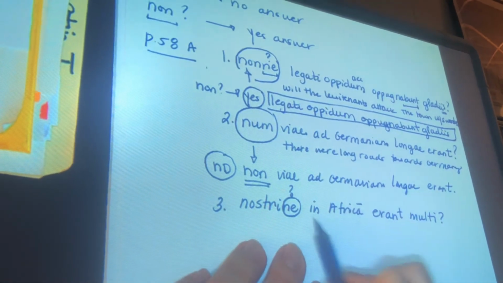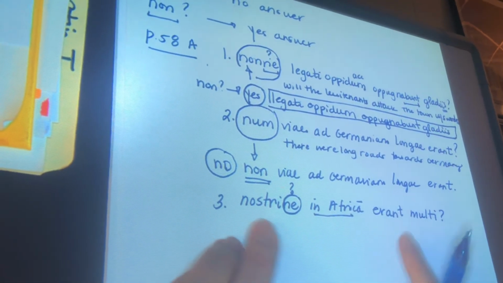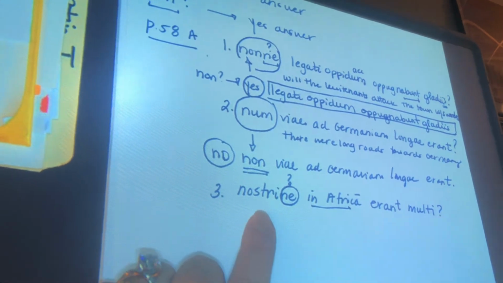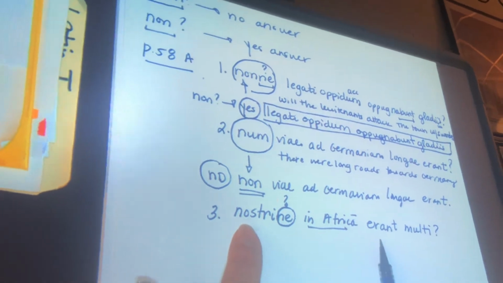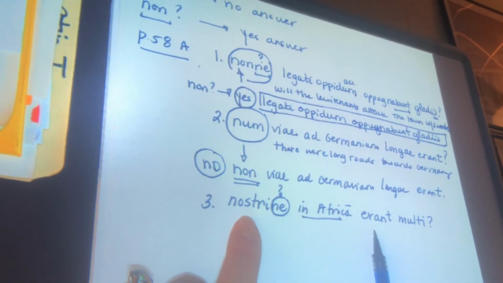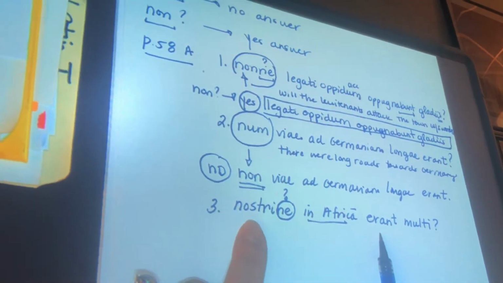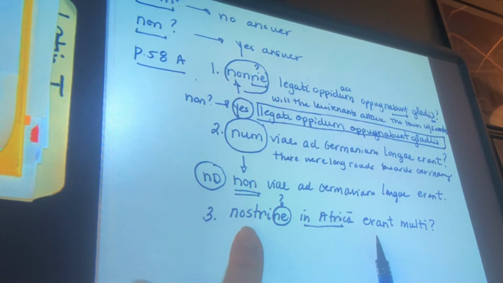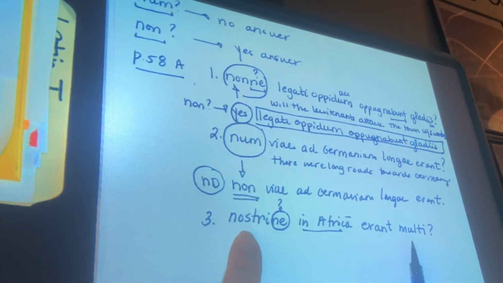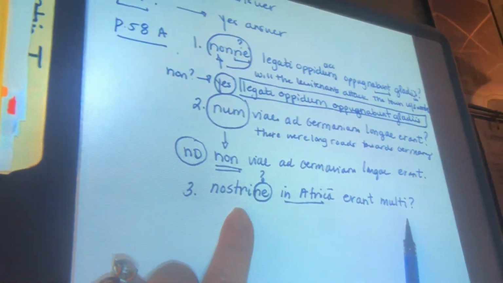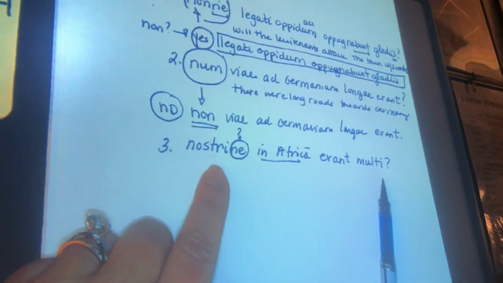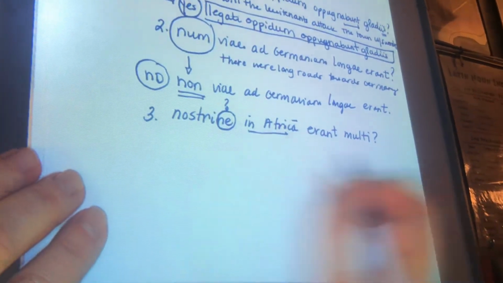Okay, so we know in Africa goes together, erant, they were, or there were many of our men.